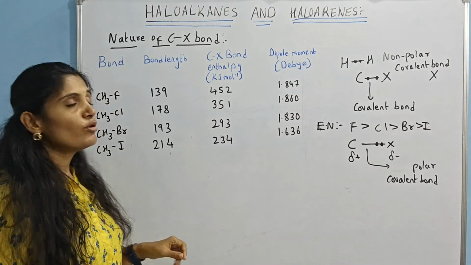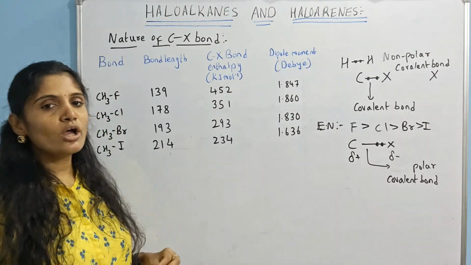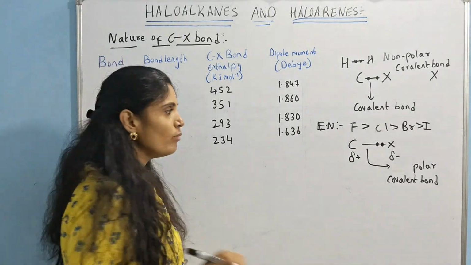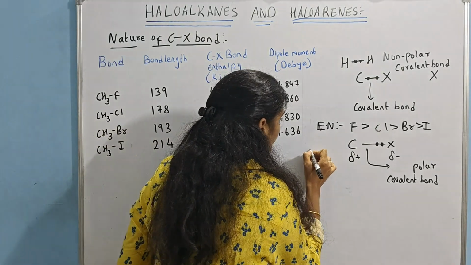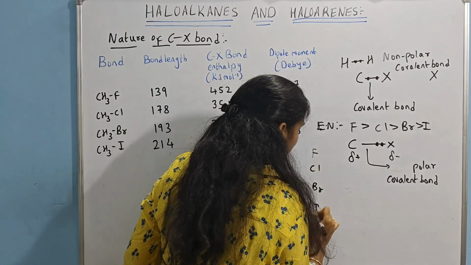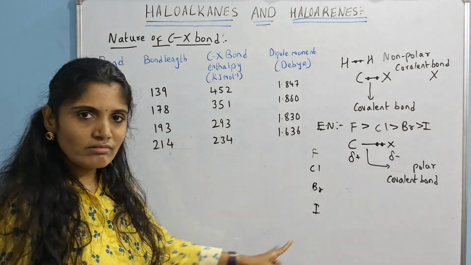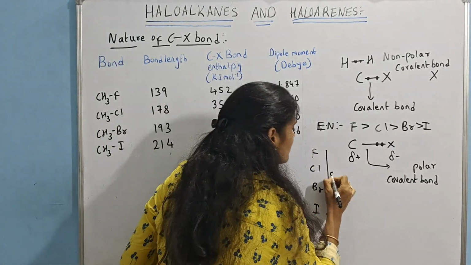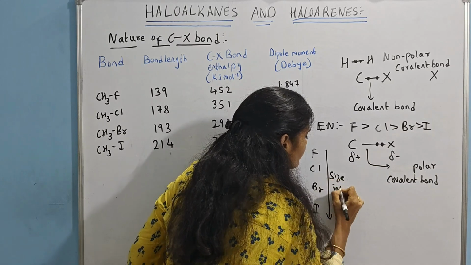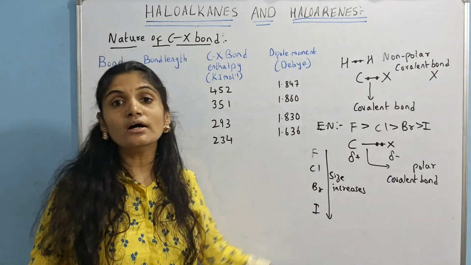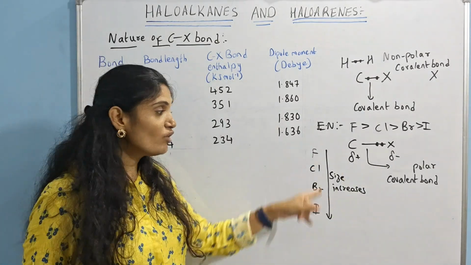Now if I talk about the bond length, as you people know, take fluorine, chlorine, bromine, iodine. These are the elements in the 17th group of the periodic table. As I go down the periodic table, what happens to the size? Size increases. So when I go from fluorine to iodine, the size of the atom increases.